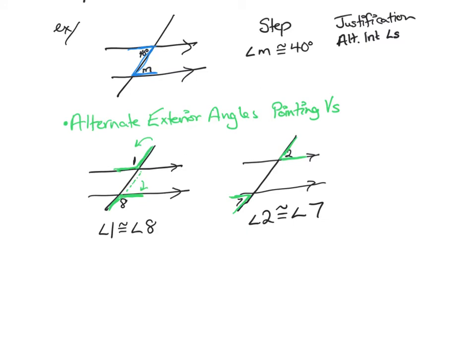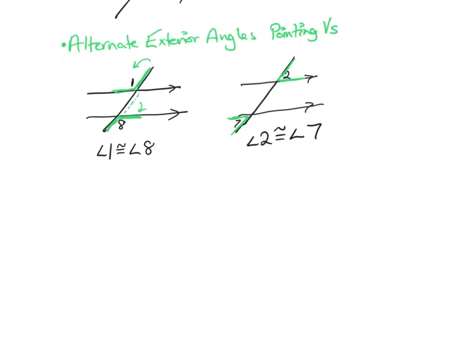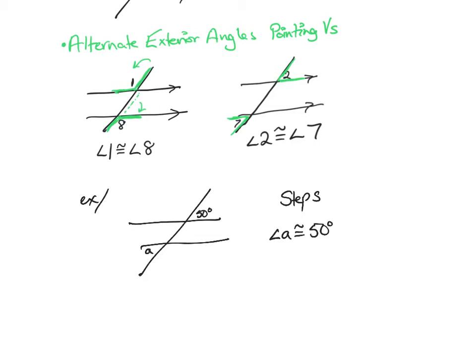If we did an example, if you knew that this was 50 degrees and you were looking for the measure of angle A, under your steps, you would say angle A is congruent to 50 degrees, and your justification would be alternate exterior angles.